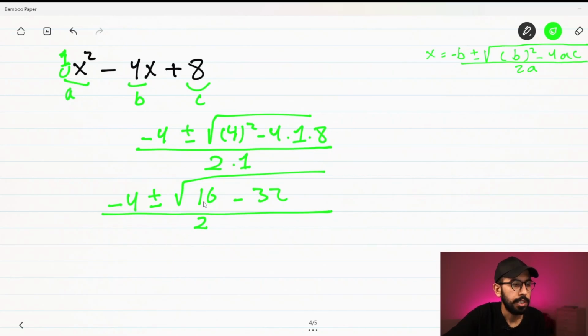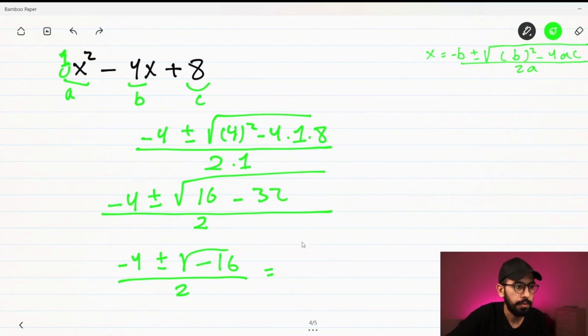So 16 minus 32 is a negative number, so we have minus 16. This equation has no result. It cannot be solved because we have a negative root, so there is no result for this equation, so our x has no value here.